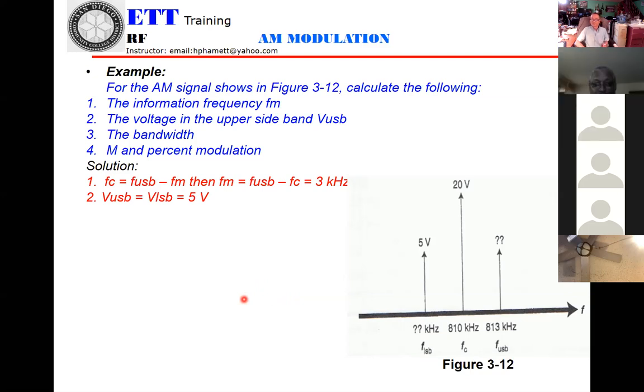So for number 1, you weren't looking for 813 kilohertz, which is what the frequency would actually be. You were looking for the difference between the two. I'm looking for the information frequency, your voice.